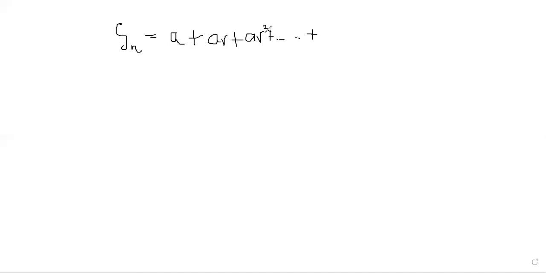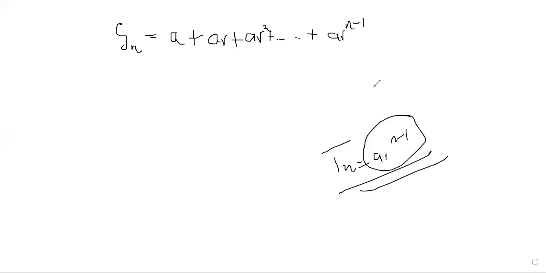Remember that if you ended at r to the power of 3, your next term when you reverse it would be n minus 2, but because we ended at 2, this has to be minus 1. I'm ending at 2 because you will remember this formula, and it will be easier to substitute. I hope I'm not confusing you.